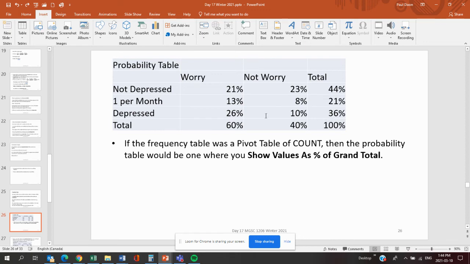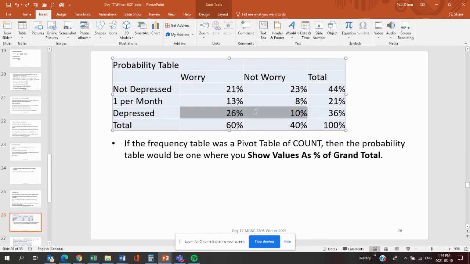If I wanted to know what's the probability that you worry given depression, so given you're depressed and you're in this row, I could think of it as 26 out of 36. And that works, that probability depressed and worried divided by the probability of depression.